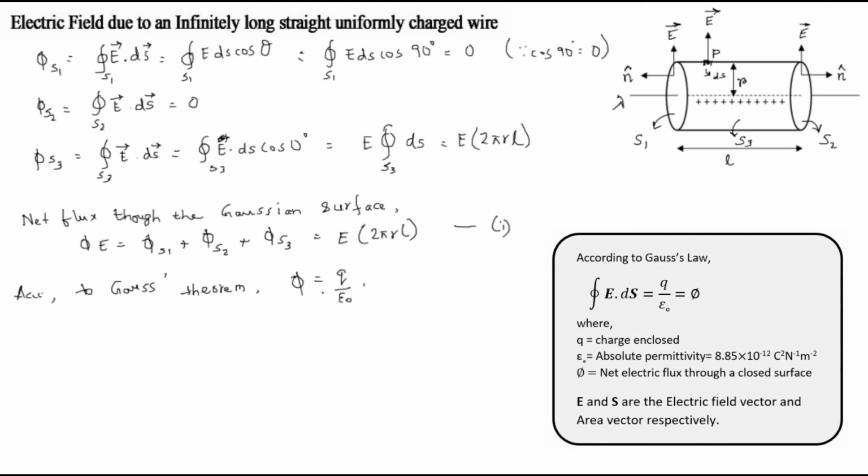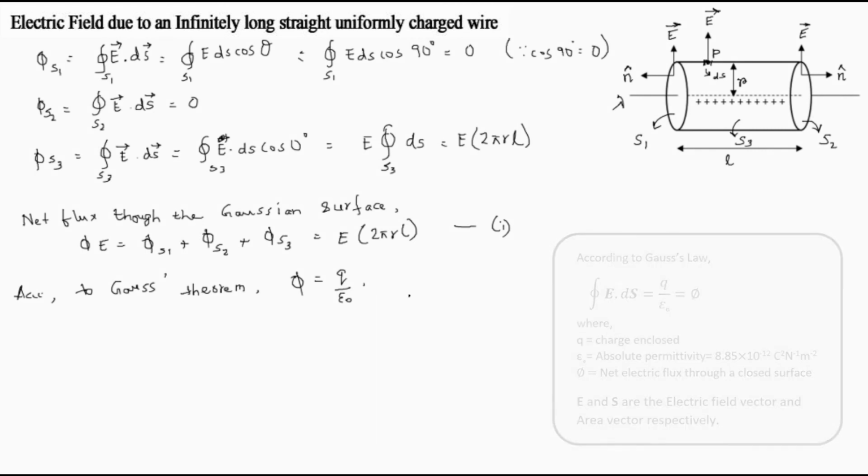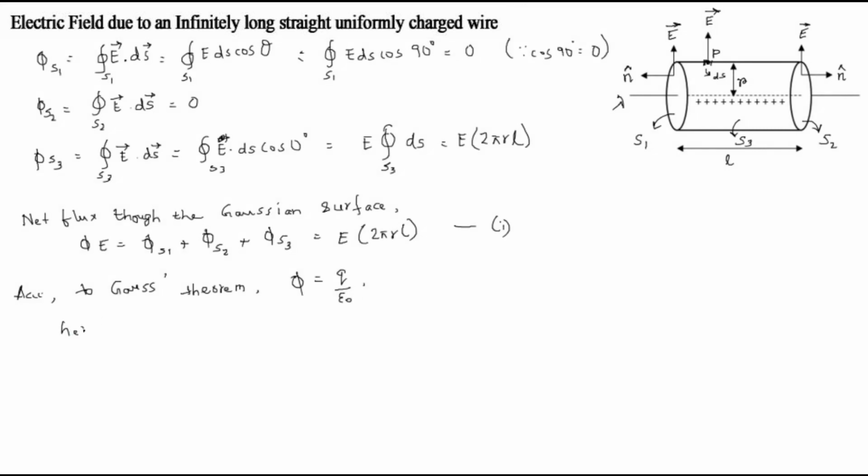Now here in this case, this q is nothing other than lambda into L. Initially I already told that this lambda is the linear charge density, so charge per unit length. So charge per unit length into this length gives us this charge. If I put this value, it becomes phi is equal to lambda L by epsilon naught, and I can call this my second equation.